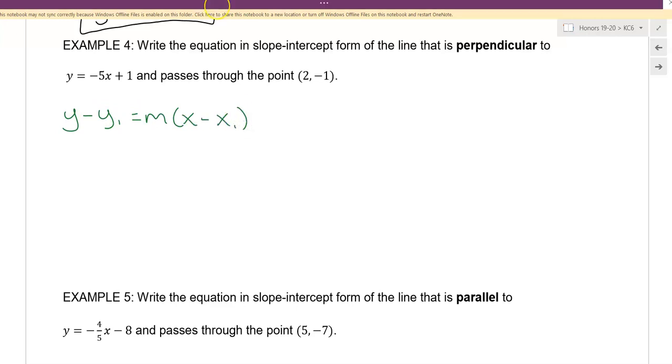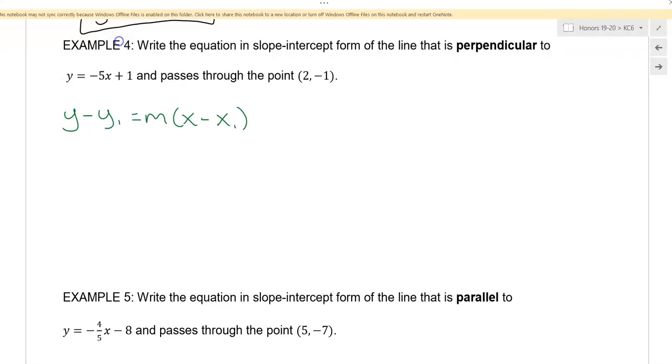I already know my x1 and my y1 from this point. So I have y minus, my y1 is negative 1, equals, I'll leave my slope blank for now, x minus, and my x1 is 2.